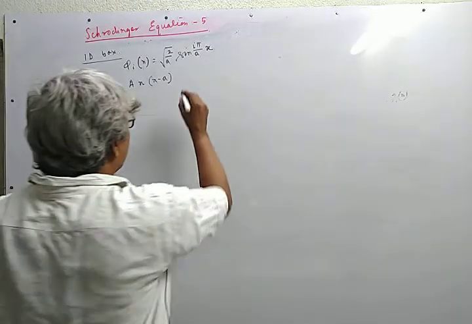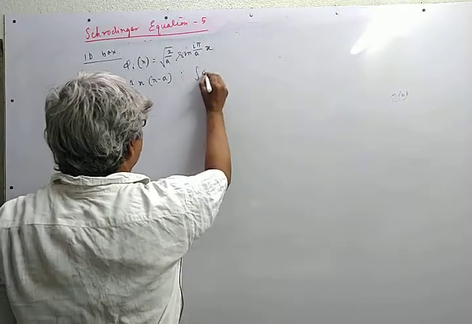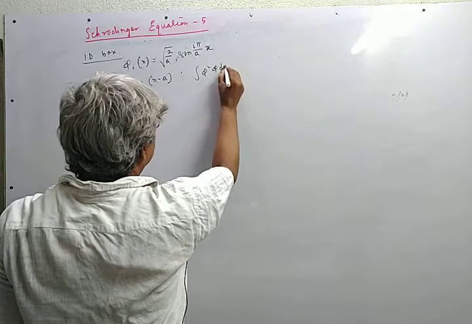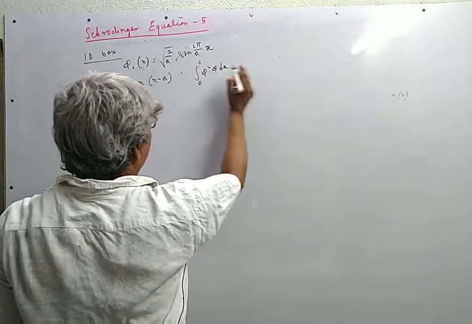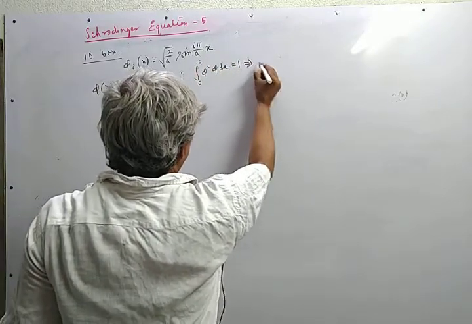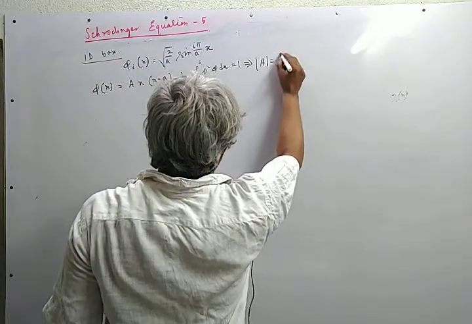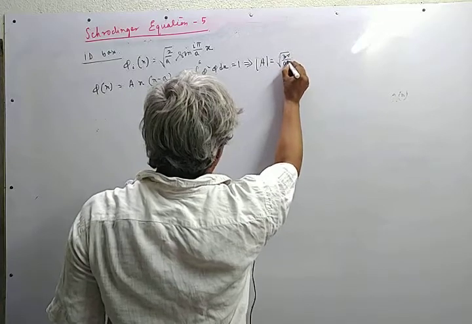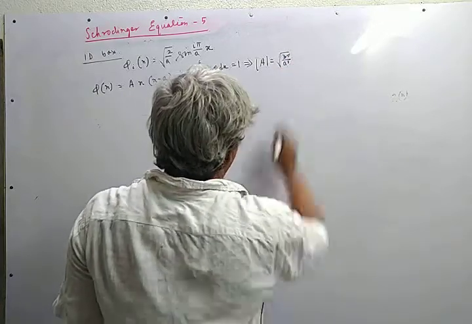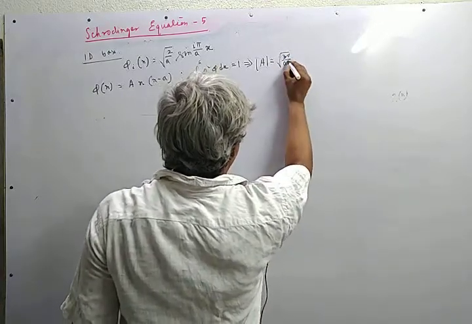If we apply the normalization condition that the integral of phi star phi dx from 0 to a is equal to 1, that immediately leads to A equal to root of 30 by a to the power 5.